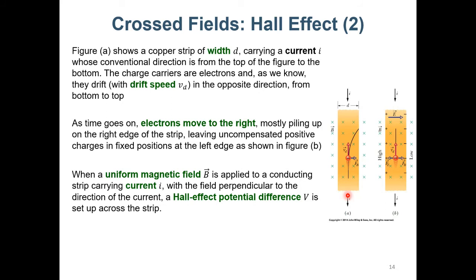But now if we apply a B field pointing into the page, we find that there is still some current going downward. But now we can see that there is some negative charge at the right side and some positive charge at the left side. So this is really strange, and we should try to explain this phenomenon.